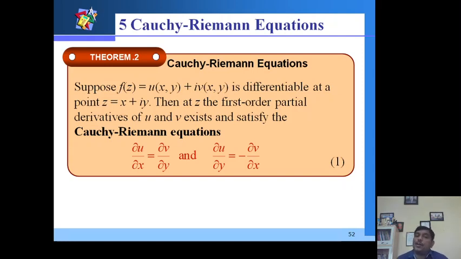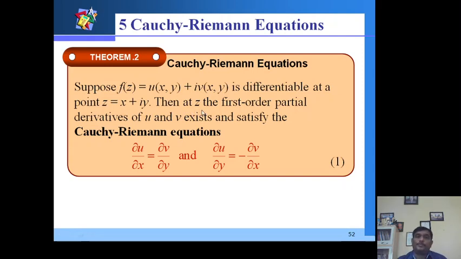The statement of the Cauchy-Riemann equations is: suppose f of z is equal to u of x comma y plus i into v of x comma y is differentiable at a point z is equal to x plus iy.